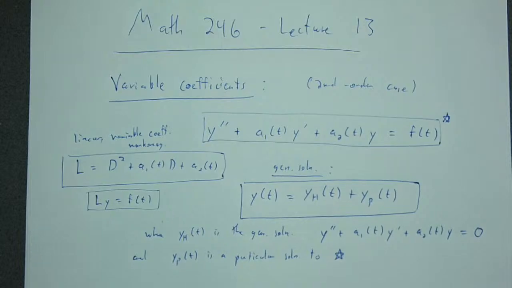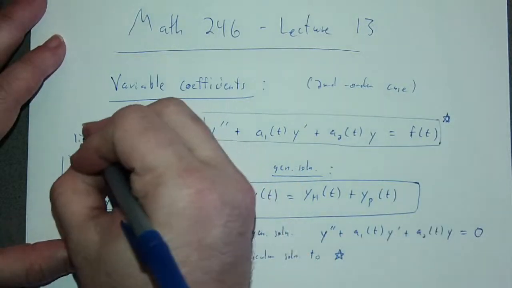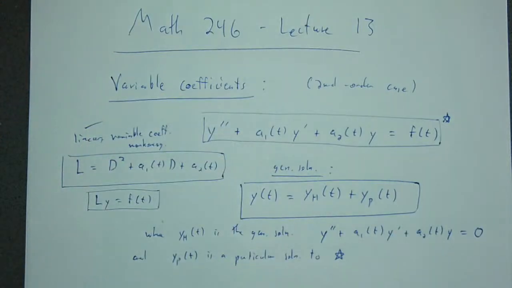The reason this form of the general solution is the same is because of linearity. It's the linearity that gives you that your general solution can be written as homogeneous solution plus particular solution. We're still in the linear case, even if we have variable coefficients.